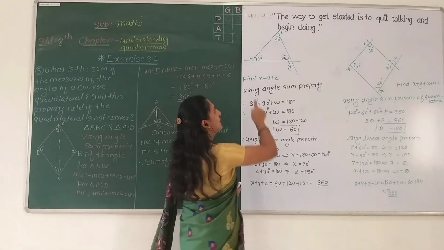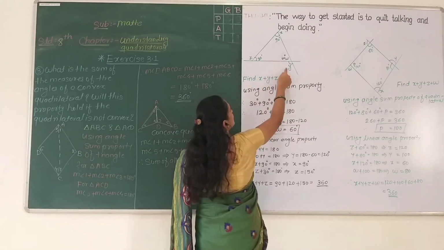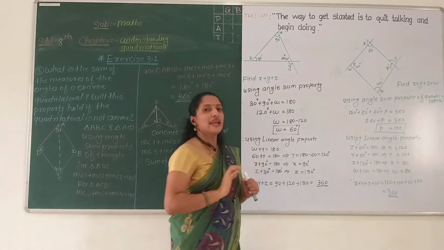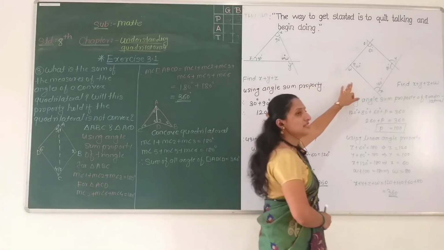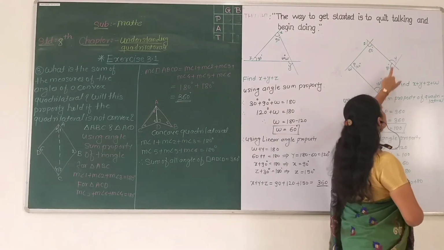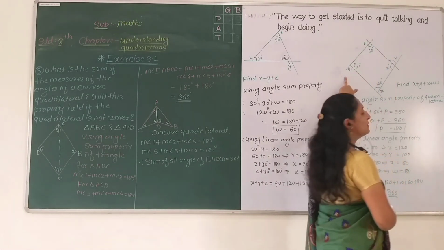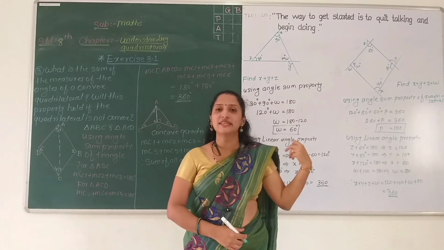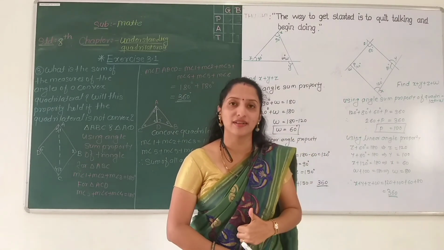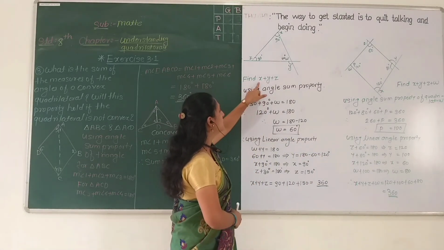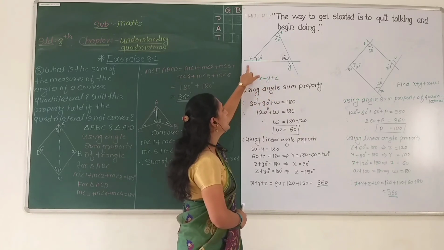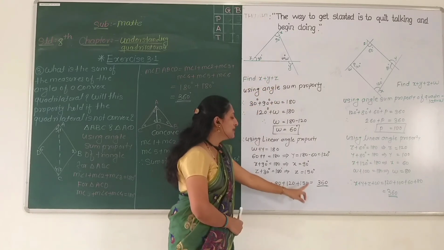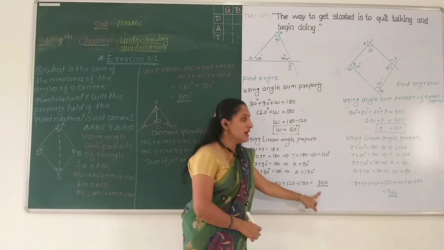Now look at here. This x, y and z, all these are exterior angles of this triangle. Here it is a quadrilateral, and x, y, z and w, four, are exterior angles of that quadrilateral. And here we found the sum of exterior angles of the triangle x, y, z. The sum of exterior angles of a triangle is 360 degrees.